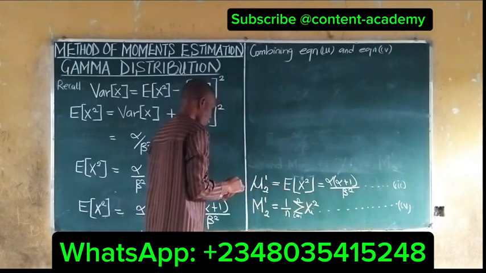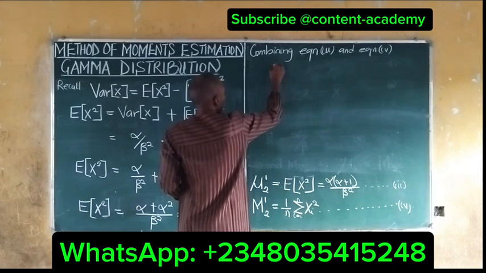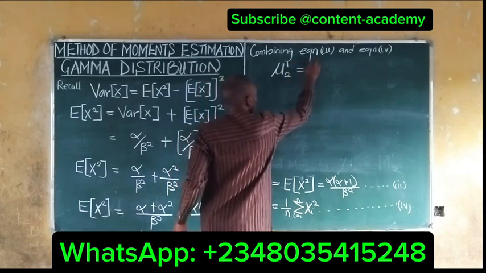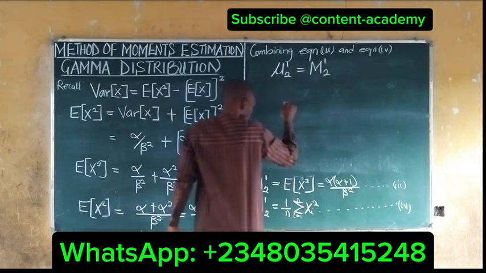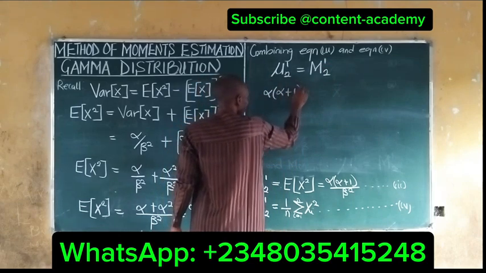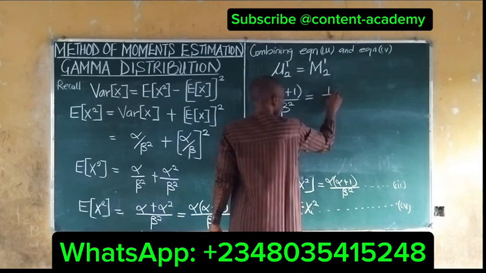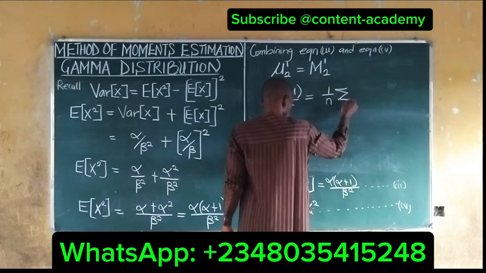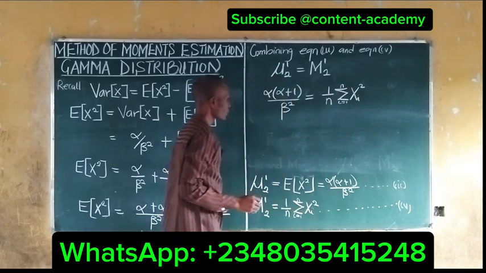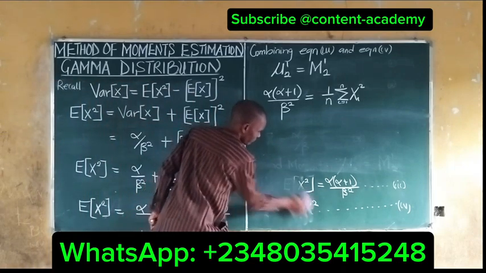Combining equation 3 and equation 4, we will now have, that means we are combining the population mean and the sample mean, which is alpha into alpha plus 1 all over beta squared to be equal to 1 all over n summation of xi squared, as i running from 1 to n. So this is what we are combining. Of course, we'll have to delete this now.